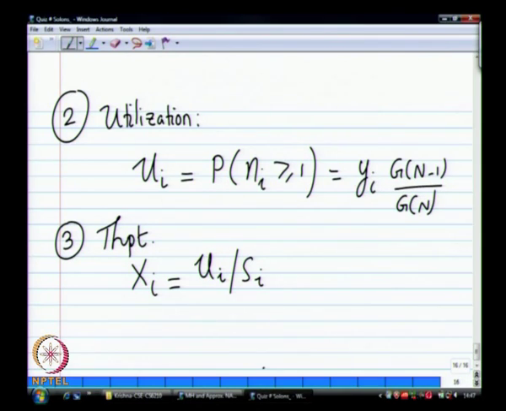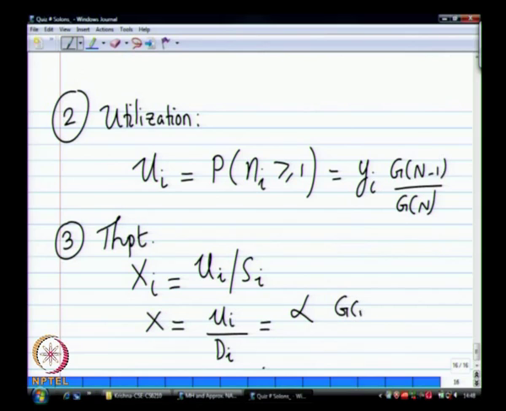Then once you know X_i and V_i, you can compute X, but X can also be expressed differently. X is also equal to U_i by D_i, remember U_i equals X into D_i. So U_i we have computed here as y_i times G of N minus 1 by G of N, and what is D_i equal to?